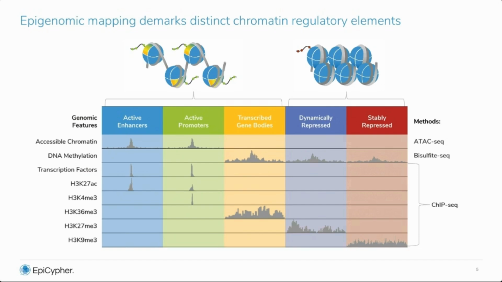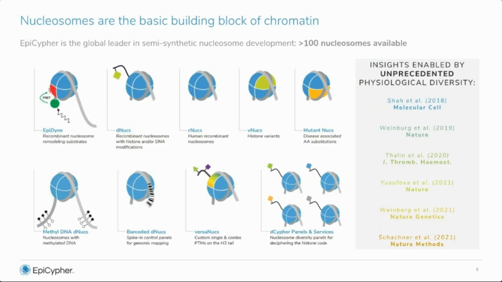So an antibody that binds K4 tri, if it cross-reacts with K9 tri, for example, this can really confound your biological interpretations. And EpiCypher is really well positioned to address this issue because one of our core competencies is developing fully defined semi-synthetic nucleosomes that are used in a variety of different types of research applications.